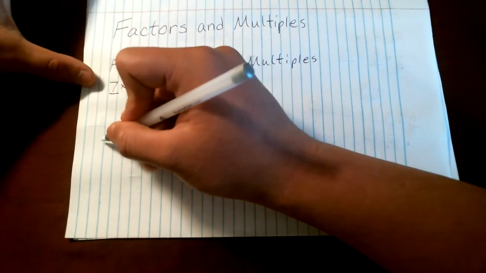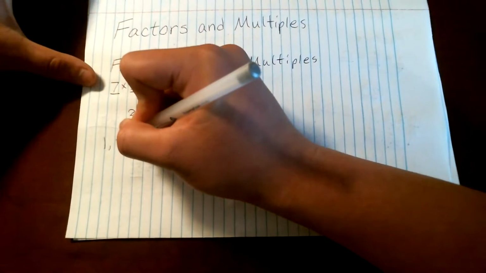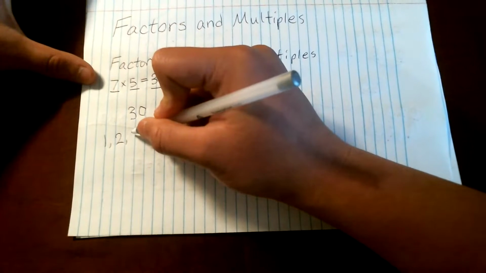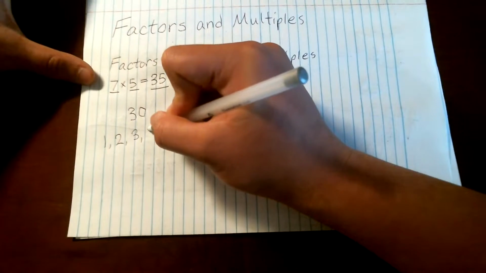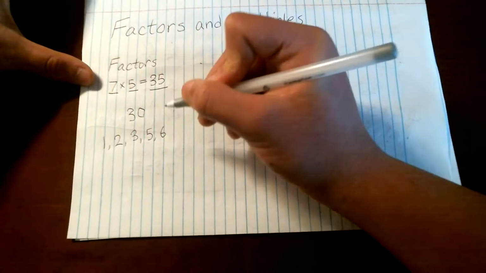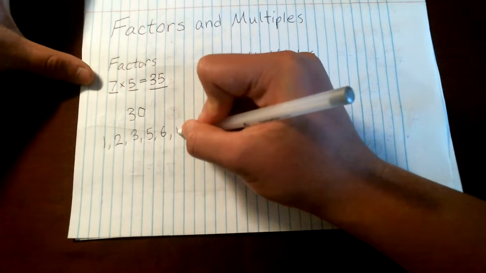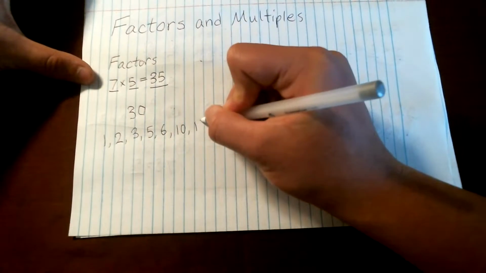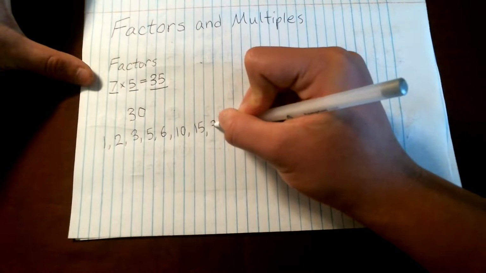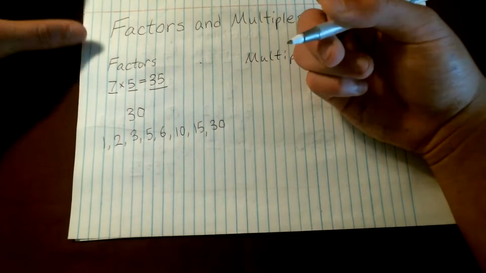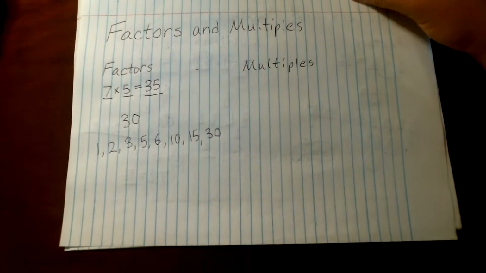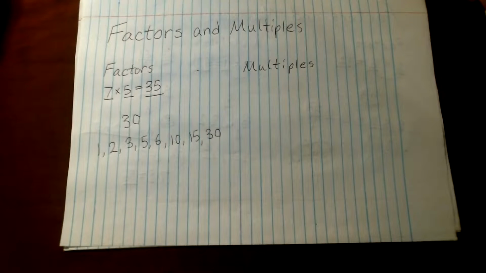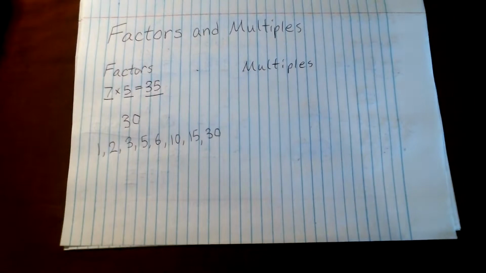So those numbers would be 1, 2, 3, 5, 6, 10, 15, and 30.